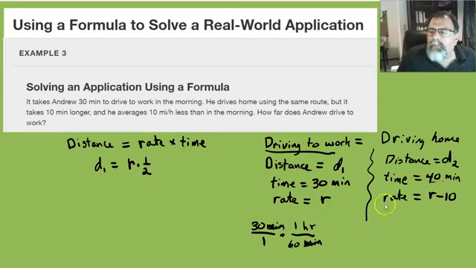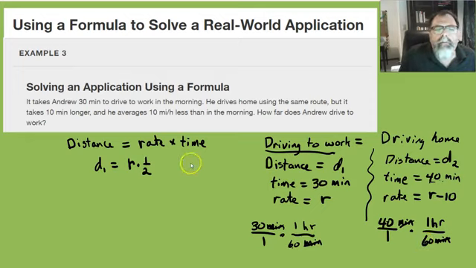Let's change the 40 minutes to hours, using the same formula I just did. 1 hour is 60 minutes, minutes cancel. 40 over 60, you can divide by 10, you get 4 over 6, and that reduces to 2 over 3.